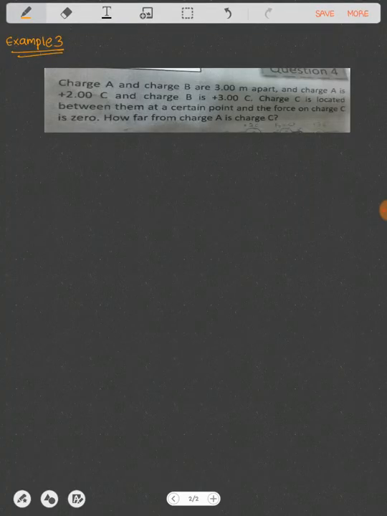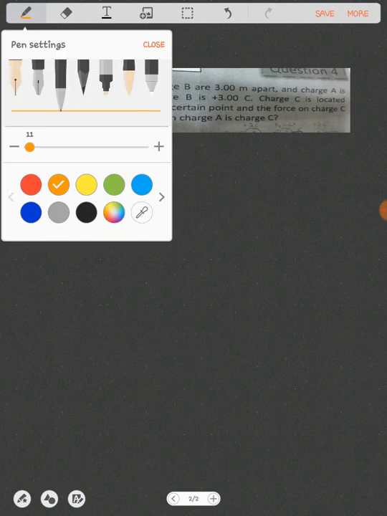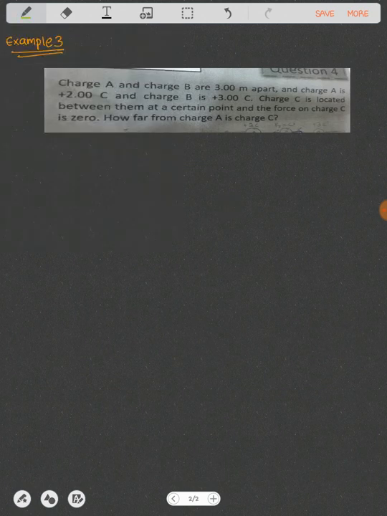But before that, let's go to example number 3 so that we can really master this chapter. So example number 3, the question tells you that charge A and charge B are 3 meter apart. So directly when you have read the question, directly draw the diagram.